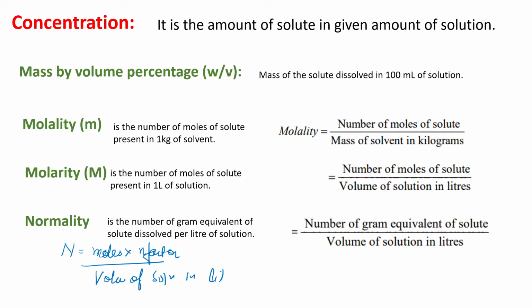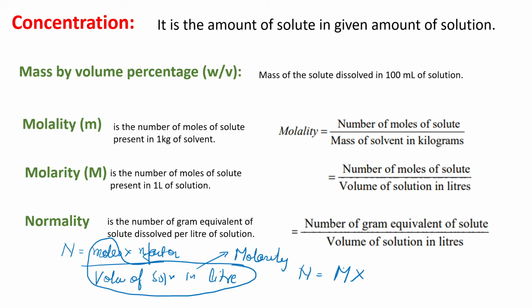I'll explain what n factor is. If you consider the part moles of solute divided by volume of solution in liter, you will understand that this is the formula for molarity. So normality is equal to molarity into n factor.